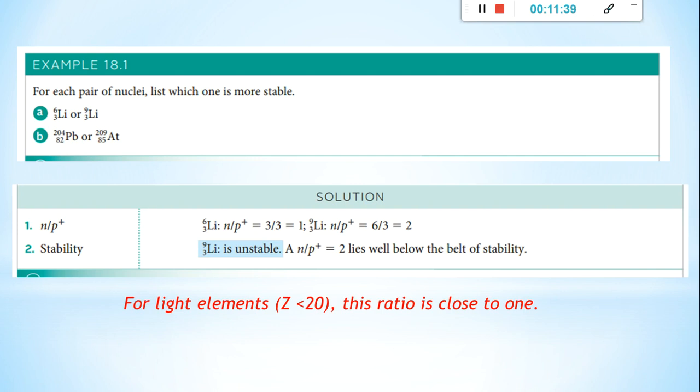Again, in another term, when the atomic number is less than 20, the ratio of neutron to proton should be close to 1. So technically, since the atomic number of lithium is 3, we just need to check its neutron proton ratio.